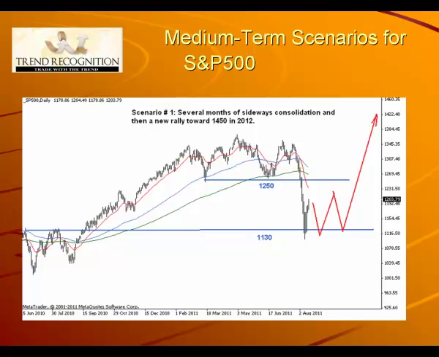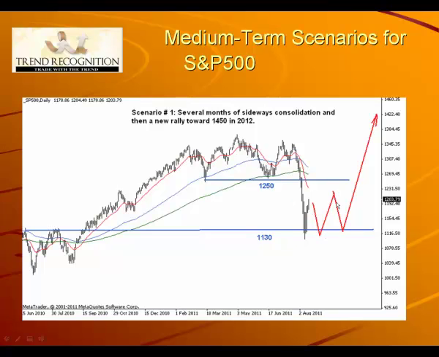What are the most likely scenarios for the next several months for S&P 500? Scenario number one is a rather positive one, but even this scenario suggests a sideways consolidation in the next few months, as discussed earlier when I discussed the VIX chart. So that's probably the best the bulls can hope for.